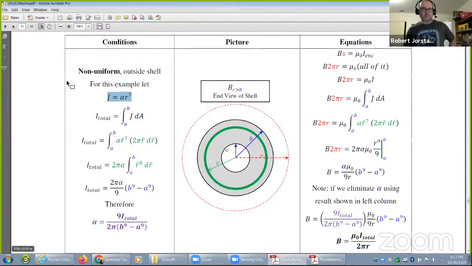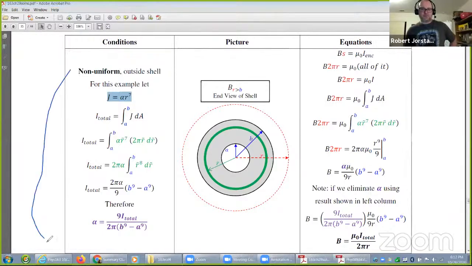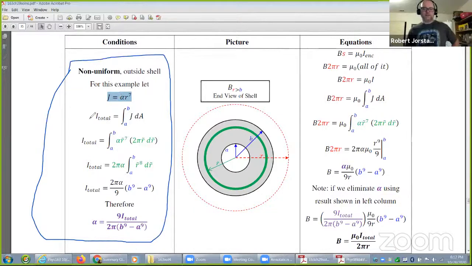I start over here. Whoops, let me get my annotator ready. I usually start on this part. First thing I do is I say, okay, I might as well get the total current. I'm figuring out a relationship between total current and the constant. Notice that? I'm getting a relationship between total current and the constants.